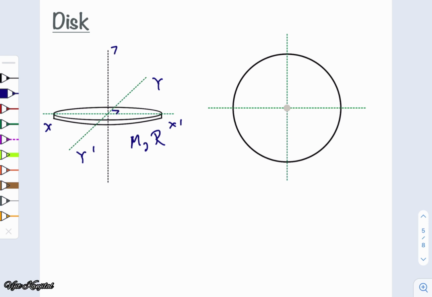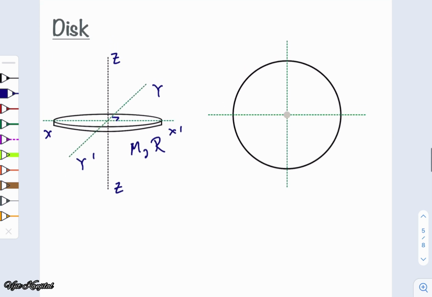And we have a third axis, z dash, which is passing through the point of intersection of these two axes and is perpendicular to the plane of the disk. Previously we have already calculated the moment of inertia of this disk with respect to the z dash axis, and this we obtained as mr square by 2.